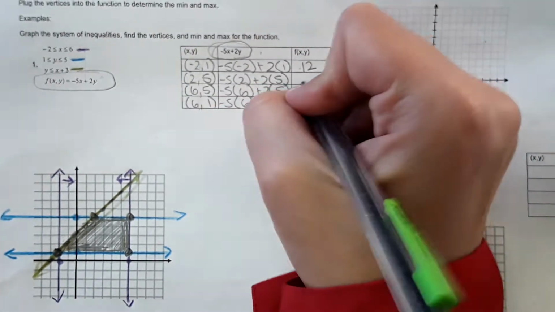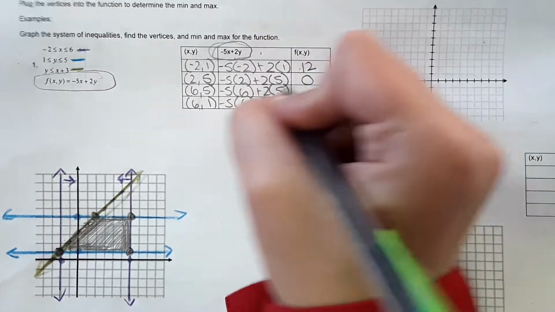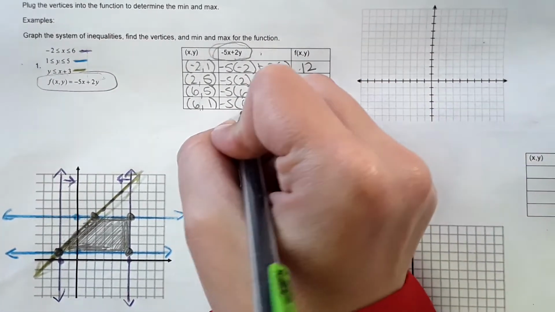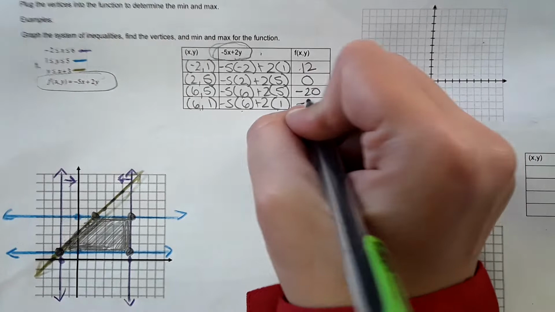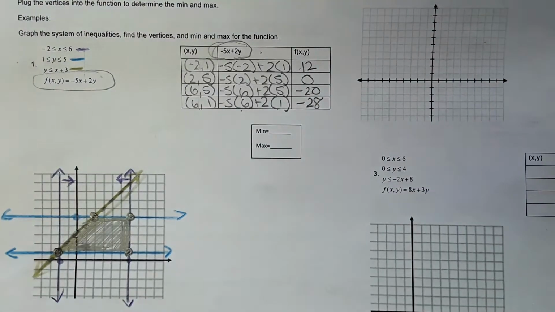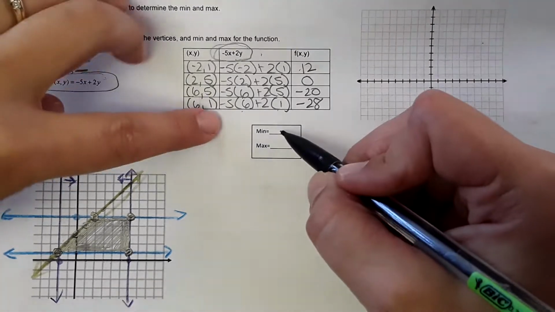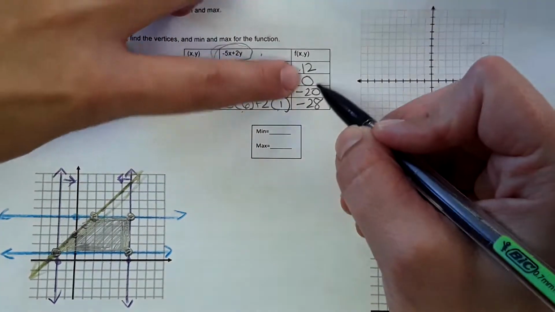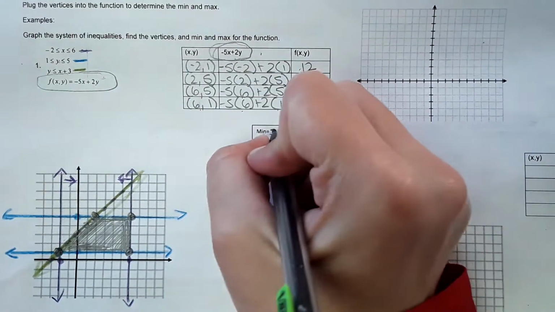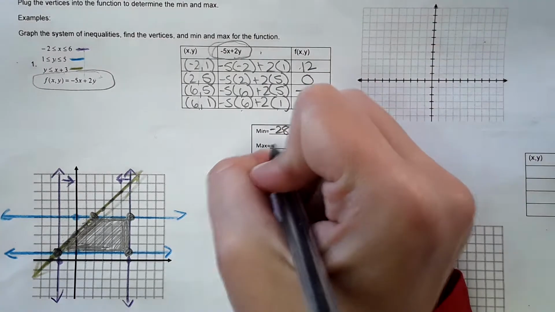So 12. And then once I have everything solved, I identify a minimum and maximum. So the minimum here would be at -28, and the maximum would be at 12.